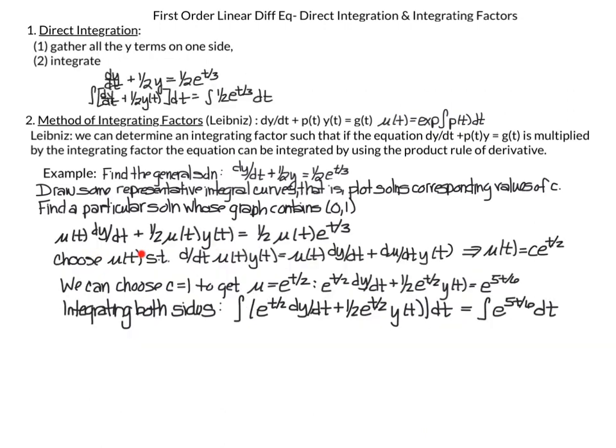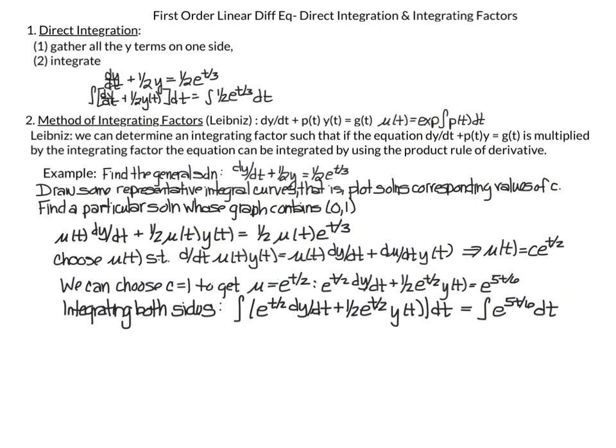Here I summarize this. We chose mu of t such that d/dt of mu of t y of t is equal to mu of t dy/dt plus d mu/dt y of t, and mu of t is equal to c e to the t over 2. We can choose c equal to 1 to get mu of t equal to e to the t over 2. You can choose c equals 2 if you want, but why would you make it more complicated? So just choose c equals 1.